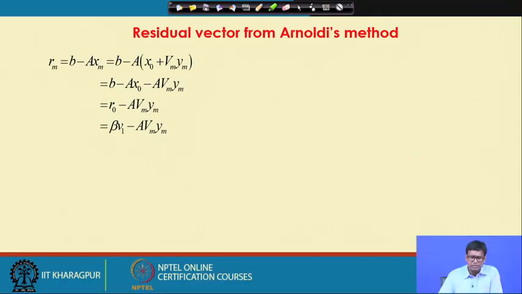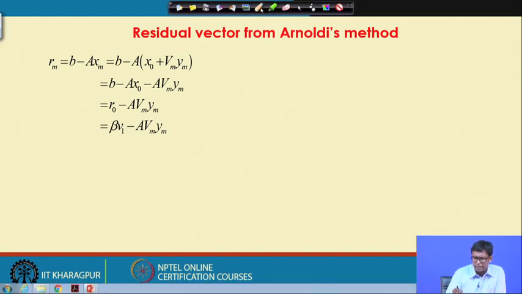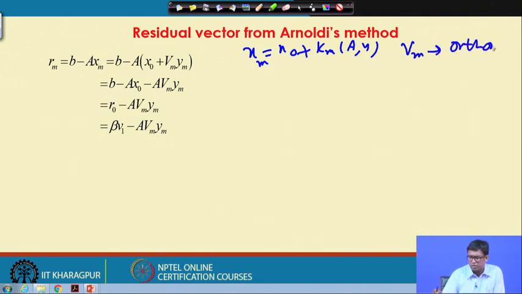This is Rm equal to B minus A xm, and we have seen earlier that xm is equal to x0 plus Km, and Vm is the orthonormal basis of Km.